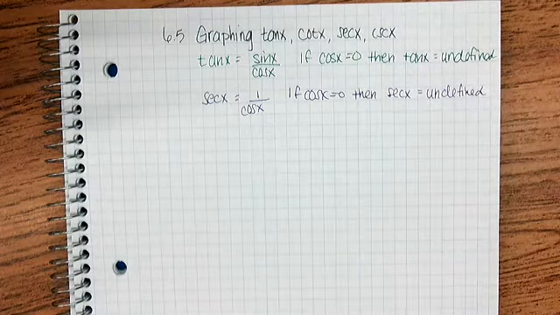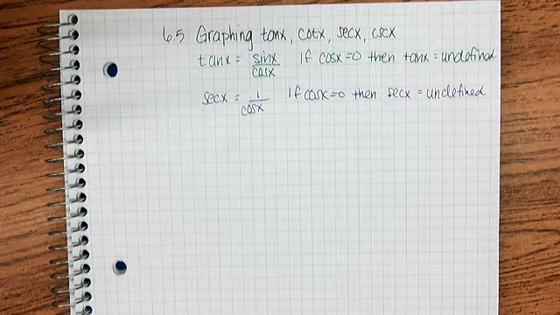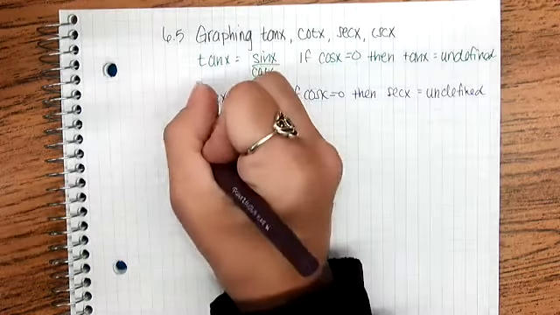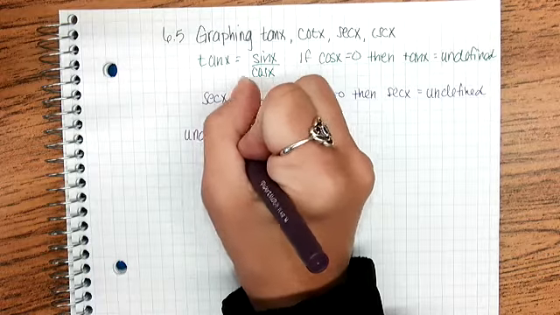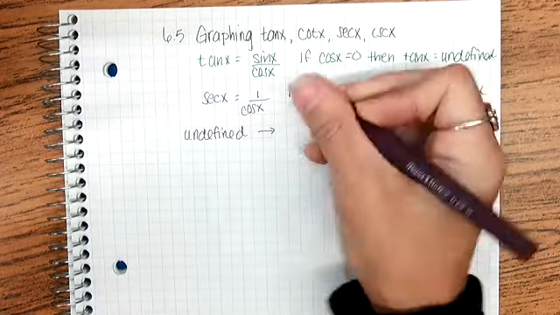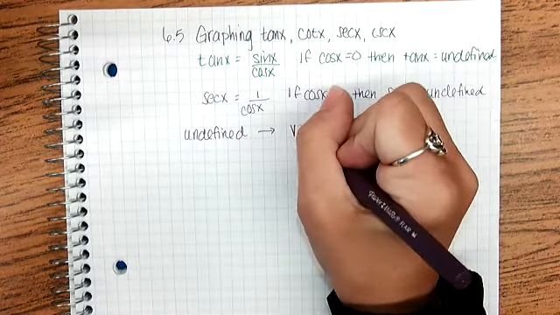Okay, and that means there's an asymptote. Undefined in a function is an asymptote on a graph. So undefined translates to a vertical asymptote.